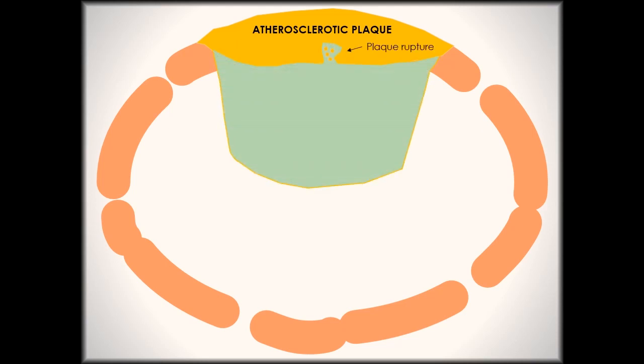Okay, when this happens, a cascade of events follows, which leads to the formation of thrombus. Firstly, there is platelet activation, okay, which leads to platelet adhesion as well as aggregation.